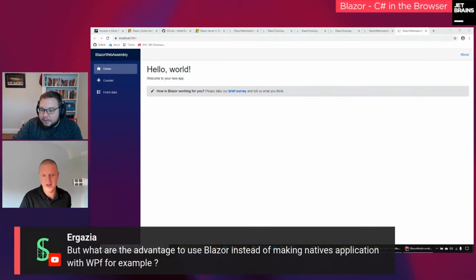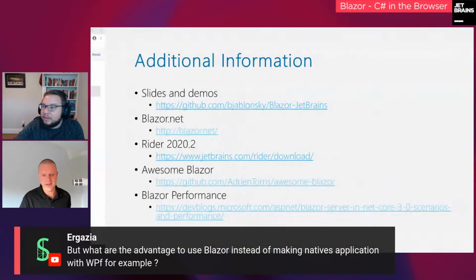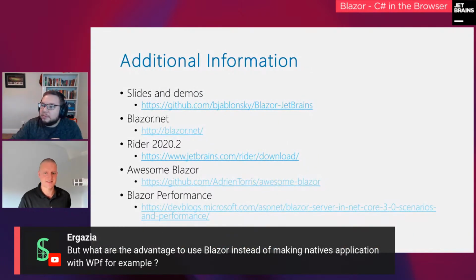One was about the advantages that you see to use Blazor instead of making a native application using WPF, for example. Ooh, interesting question. Well, all right. One of the cool things I didn't actually cover is that Blazor was originally created with the idea that it can render to something else. The very first implementation was to render to HTML.